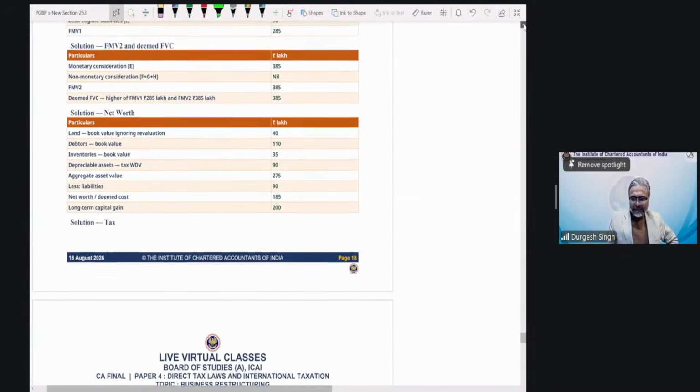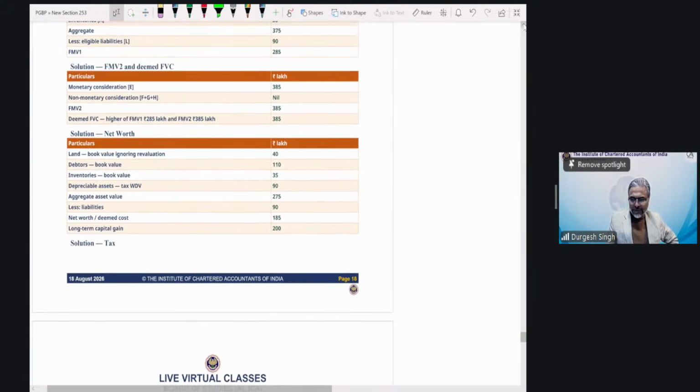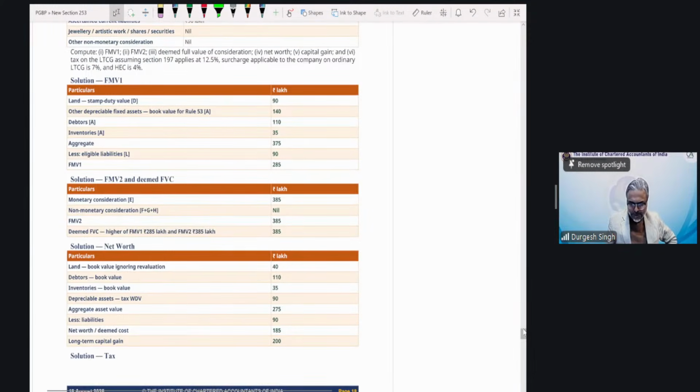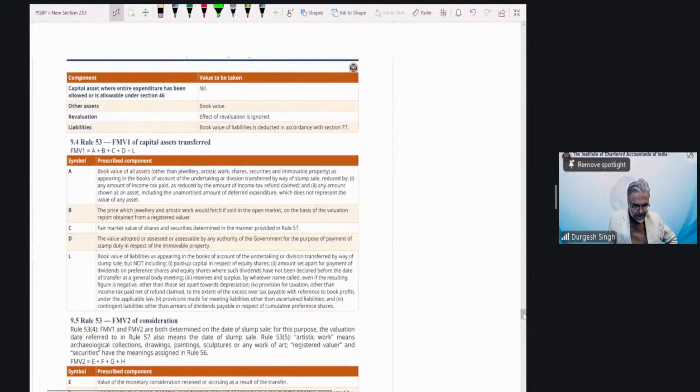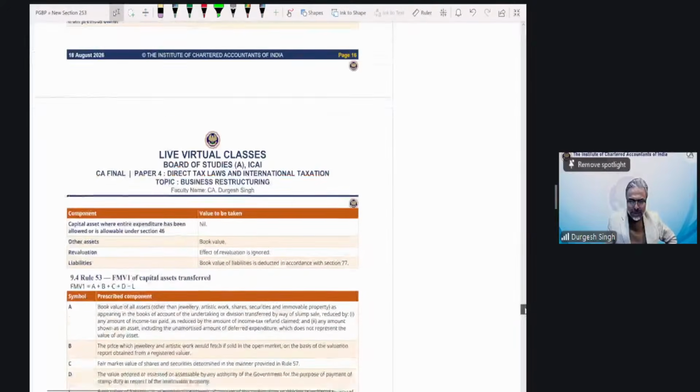By the way, slum sale, have you solved this question or not? I have solved one question with you, my self-made question. For practice, I gave you this. Did you all happen to solve this one? Got an opportunity to solve? Students, keep solving also.